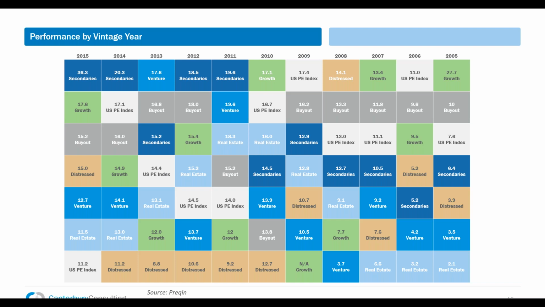What I will point out though is when you look at buyout, which again we recommend is the largest allocation of your portfolio, it is one of the most consistent parts of the portfolio. You can see if you just drag your finger around the middle, the second and third line, with the exception of 2010, buyout returns are typically fairly stable in performing relative to the other sub-asset classes.